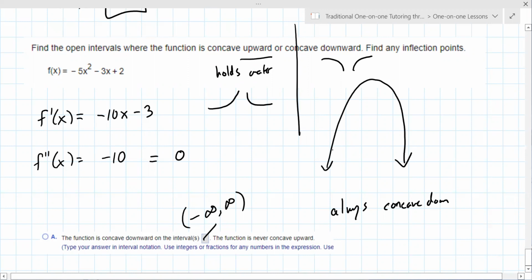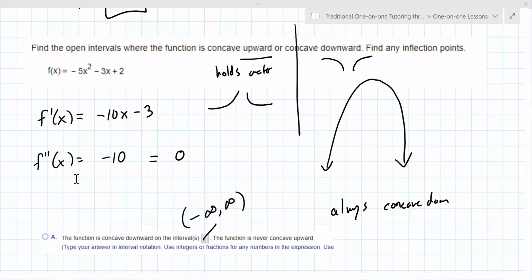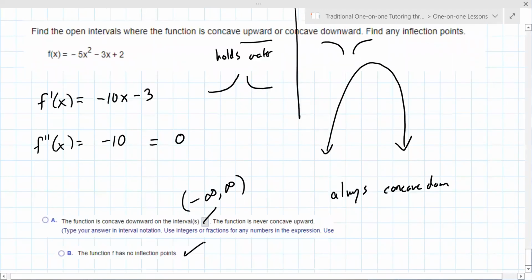It's always got this kind of down shape, and it just doesn't hold water. There's no place where it shallows out. It'll make more sense when we look at one that does have an inflection point. So for the next part, you want to choose the one that says there is no inflection point.